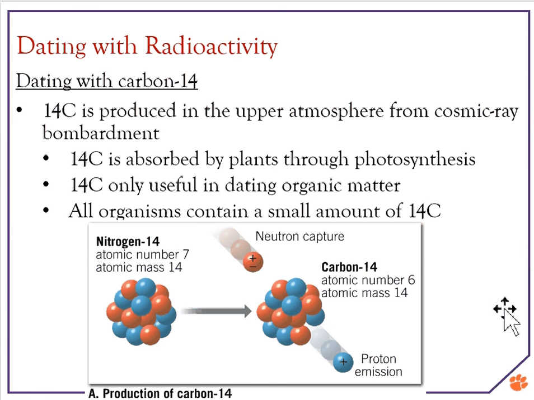So when we have fossils, organic remnants, or some plant remnants, or say, tree remnants in the geologic material, in that case, we can use those remnants of the organic matter for carbon-14 dating. We know that all the organisms contain a small amount of carbon-14, including human beings.